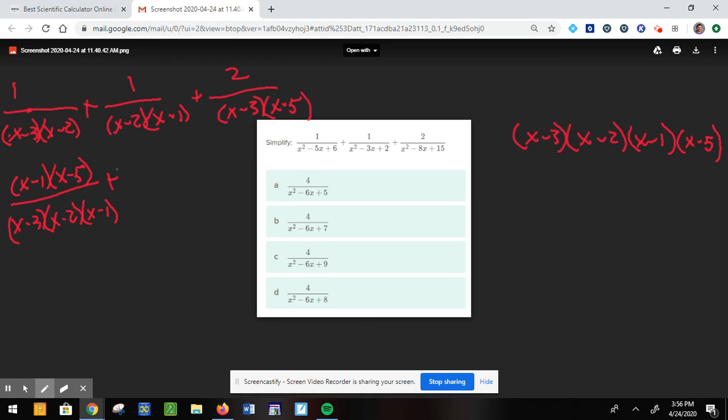The next one has an x minus 2 and an x minus 1, so it's missing the x minus 3 and the x minus 5. And then the last one has an x minus 3 and an x minus 5, so it's missing the x minus 2 and the x minus 1. So the 2 is still a coefficient there as well.